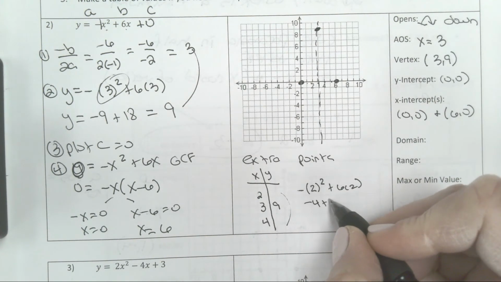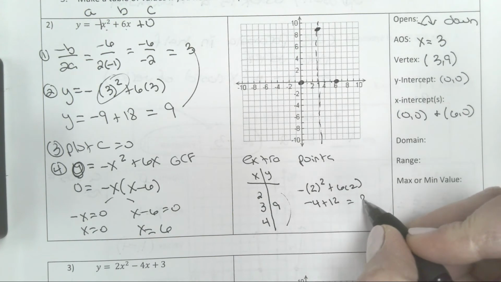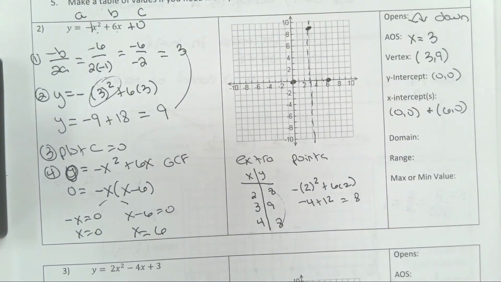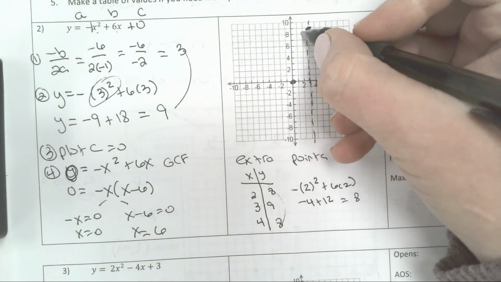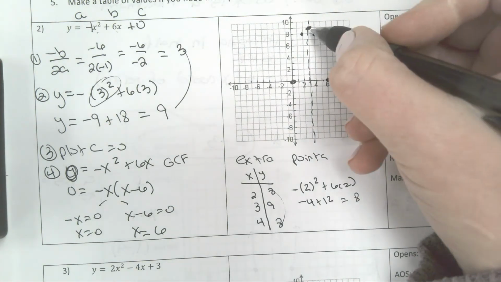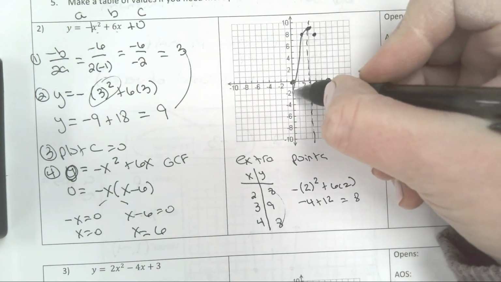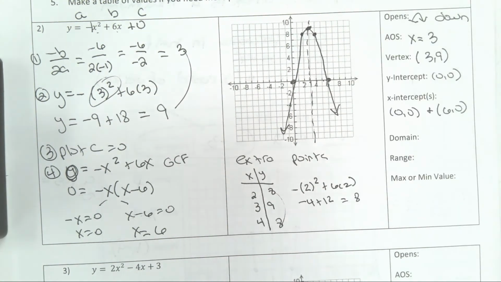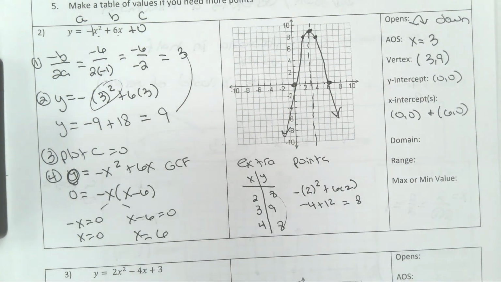So that's -4 plus 12, which equals 8. So you can plot a point at 2, 8 and then reflect it over at 4, 8. Once you have 5 points, you have enough to connect the dots and make your parabola.